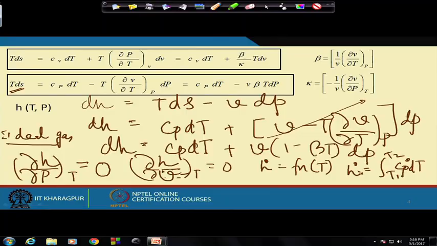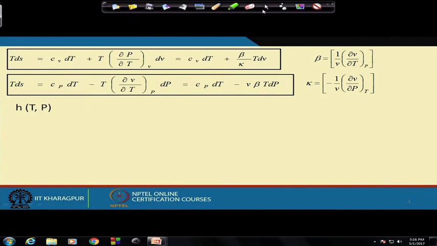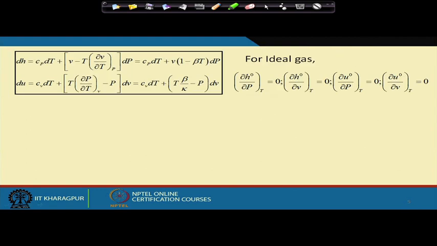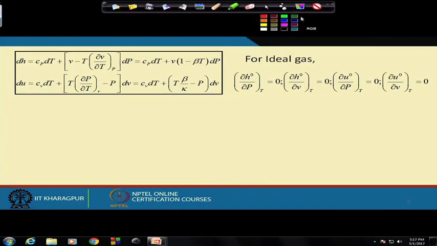Now, by this particular time, we have already deduced the two TdS equations. From the two TdS equations, we have also derived equations for dH and du.